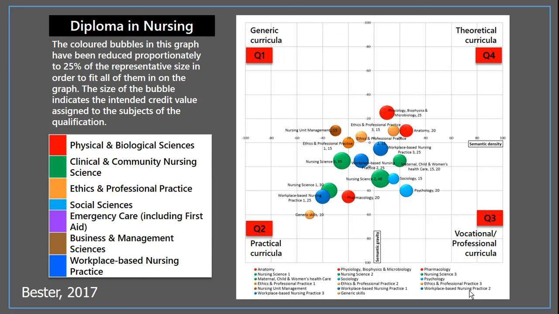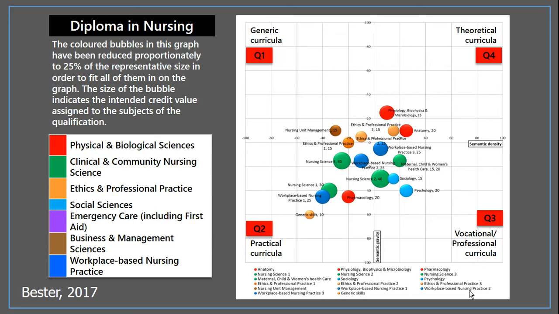Interestingly, there's not that much coming into this quadrant, but quite a number of them there. The size of the dots is in relation to the credit value of the subject within the qualification. Obviously subjects have been grouped together to show it visually, but it gives you a visual map.